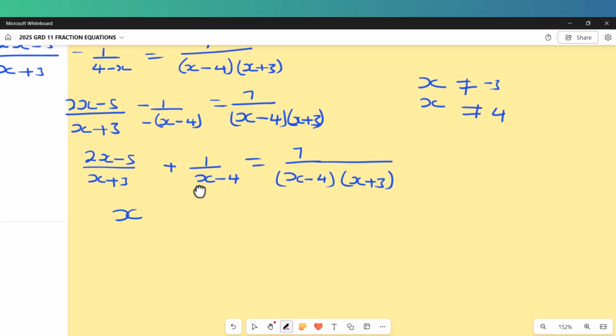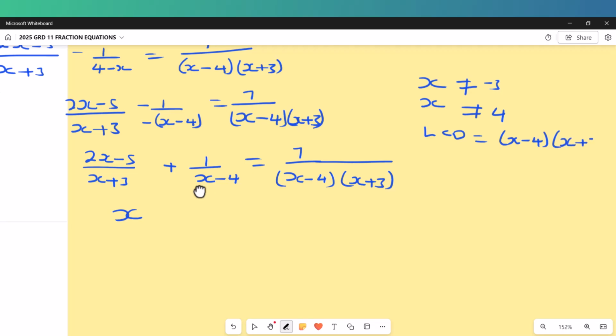So now what's our LCD? Because we have x plus 3 and x minus 4, our LCD is the product x minus 4 multiplied by x plus 3.